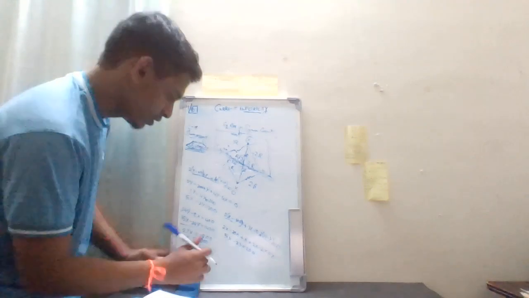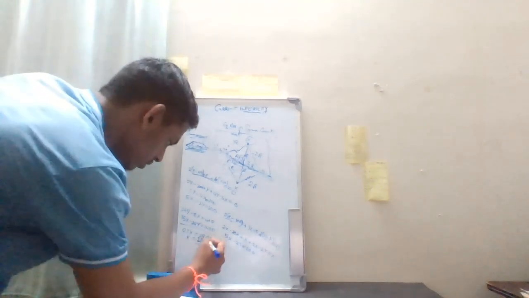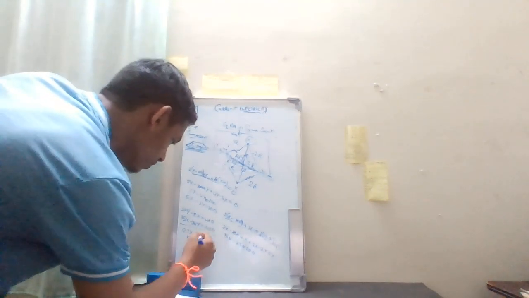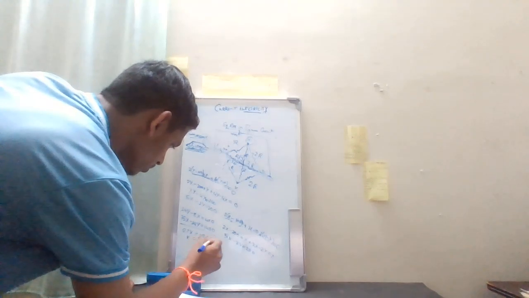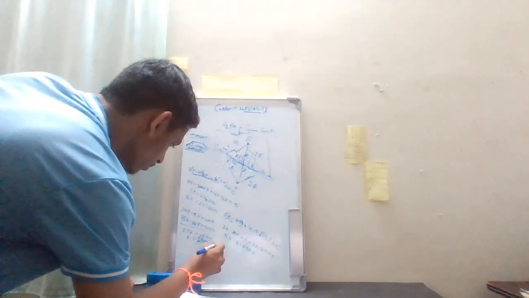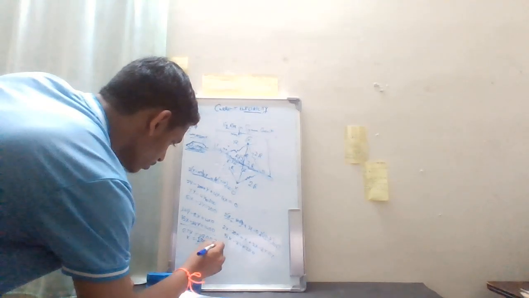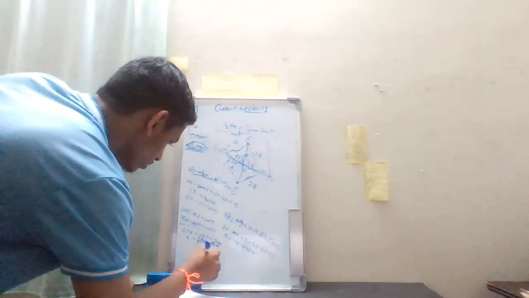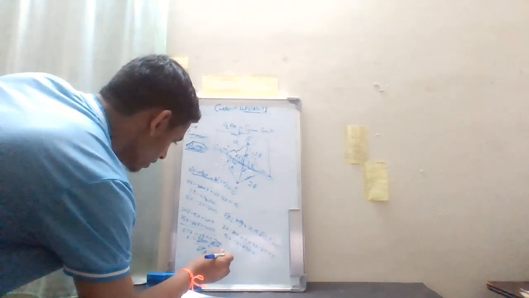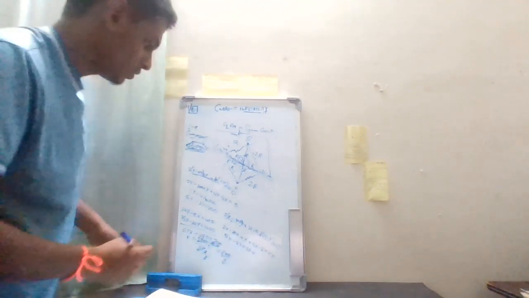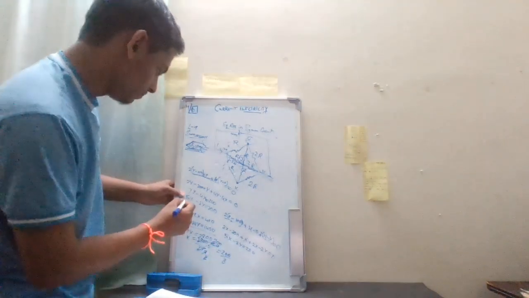Now, if we substitute it somewhere, we can simplify it using 3 also. 18, and that would be 200 by 3. So x is equal to 200 by 3.